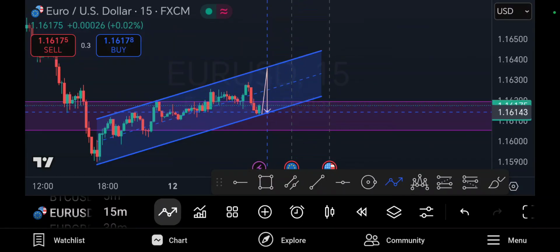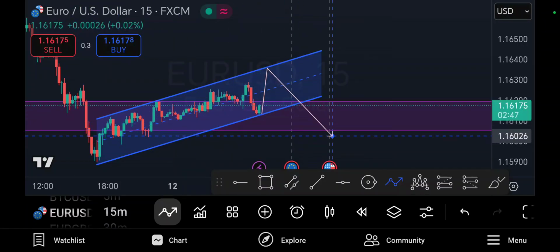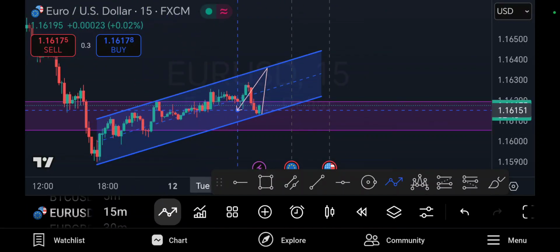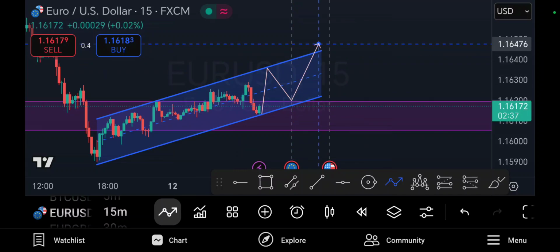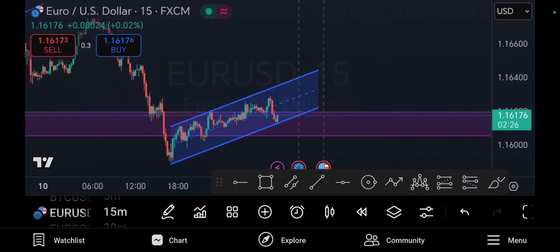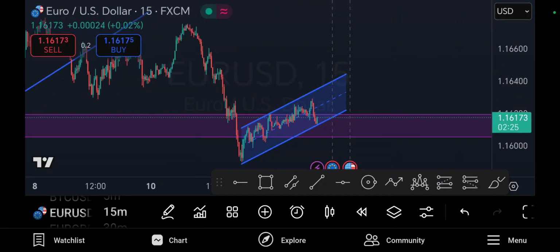You see, there's this resistance, and then there's this small trend line channel. I mean, then touch, push. There's also a possibility. So we'll just have to wait for the market to do its thing, and then yeah, we're going in. Then that's Euro USD.